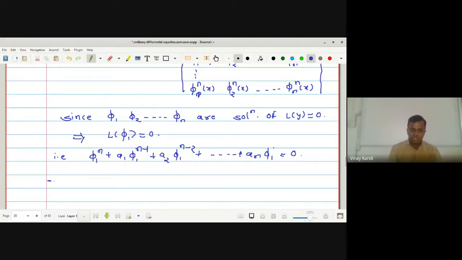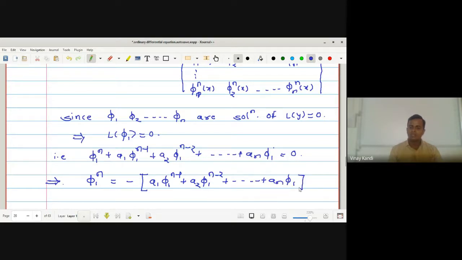It implies phi 1 raised to n is equal to minus of the bracket a1 phi 1 raised to n minus 1 plus a2 phi 1 raised to n minus 2 up to so on an phi 1.